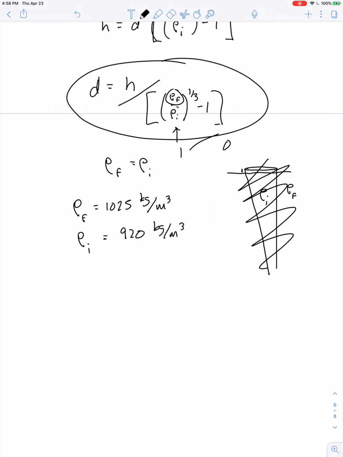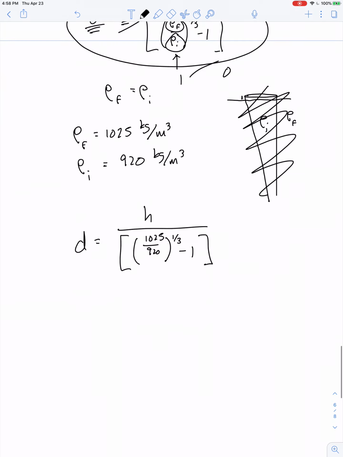If we know the two densities, then we can express the depth of the iceberg as some multiple of the height above water. So let's see what that comes out to. D is equal to H divided by the ratio of 1025 over 920 cube root. Subtract 1 from that. Now let's see what we get. Try it on your calculator and see.